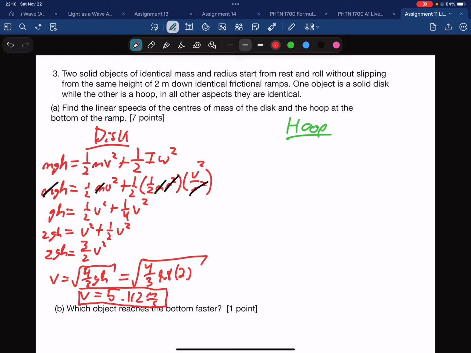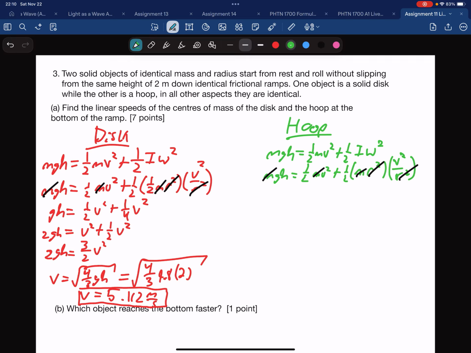Now for the hoop, basically the same thing with a slightly different moment of inertia, of just mr squared. Same idea, mass cancels, r squared cancels.